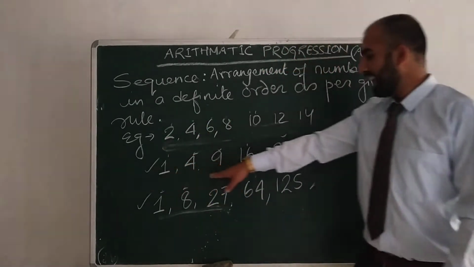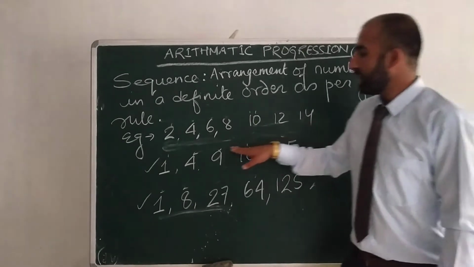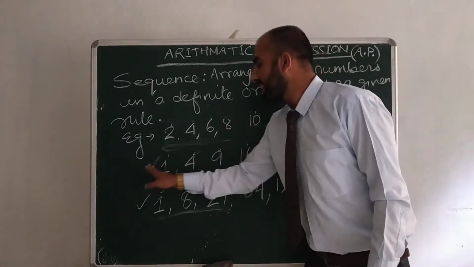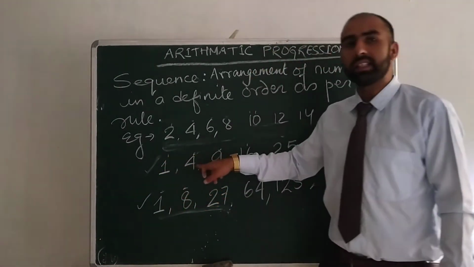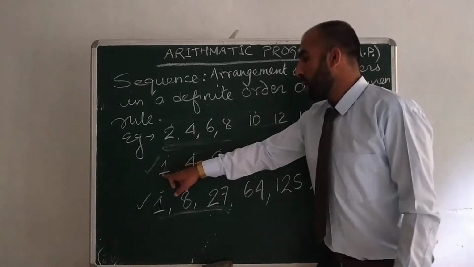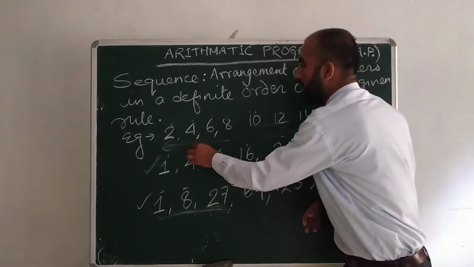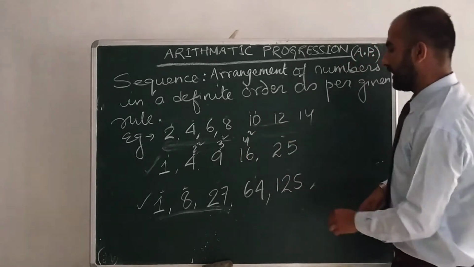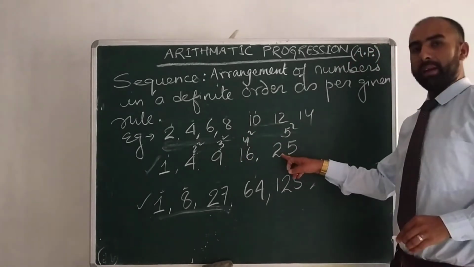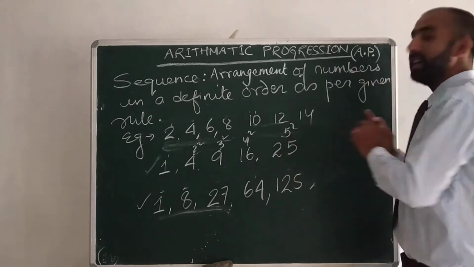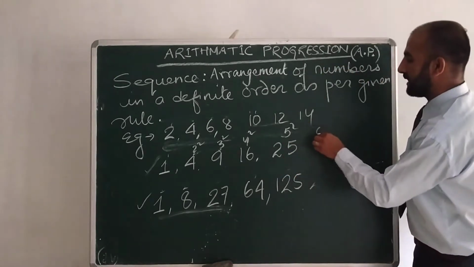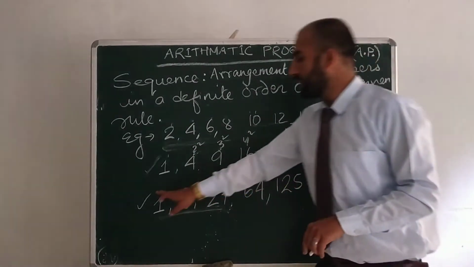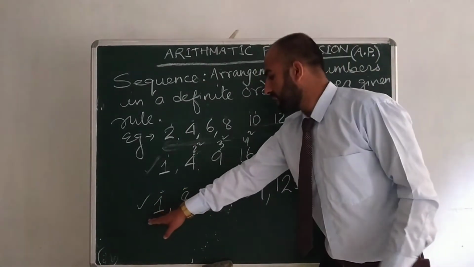Okay, if you go to the next, can you guess what will be the next term here? If you look at this clearly, these are the squares of natural numbers. So 1 square means 1, 2 square means 4, 3 square means 9, 4 square means 16, 5 square means 25. So you can definitely guess what will be the next one. That is 6 square, which is 36. Let me pick up the third example here. I have written another set of numbers.